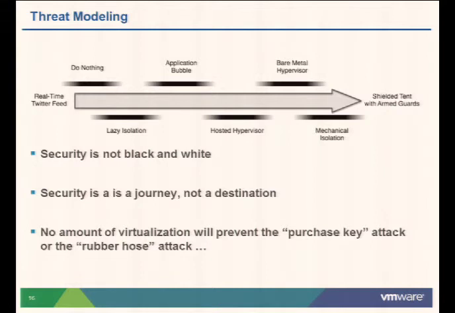But given that we're trying to secure a mobile device, we have to remember that no matter what, virtualization or software is not going to protect against the purchase key attack, where someone just walks up and offers a duffel bag of cash for a bit of information, or the good old rubber hose attack, where someone walks up with a rubber hose and hits the person over the head and says, "Tell me what I want to know." So we have some certain boundaries as to how far we can take the security of mobile devices.